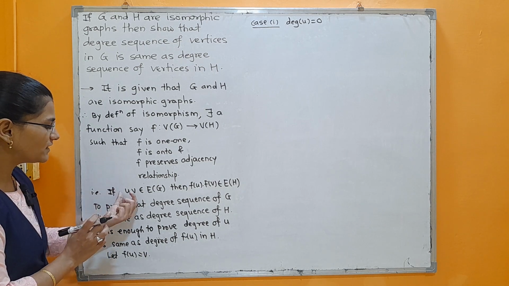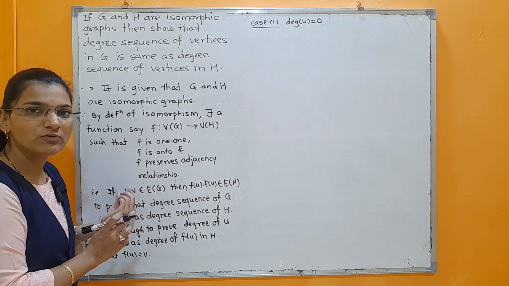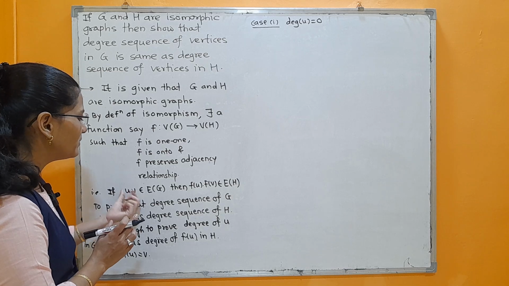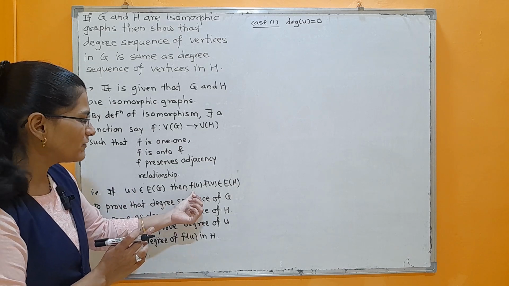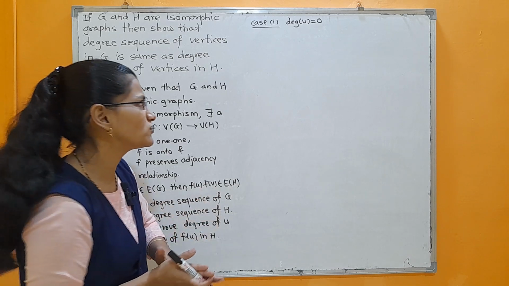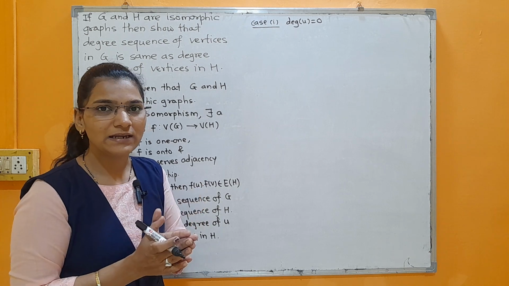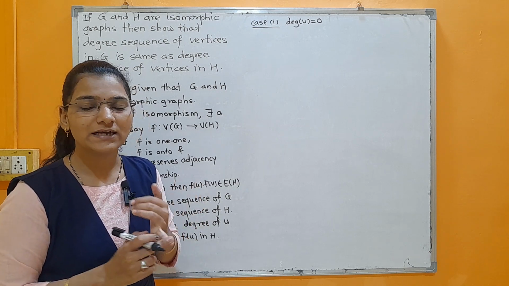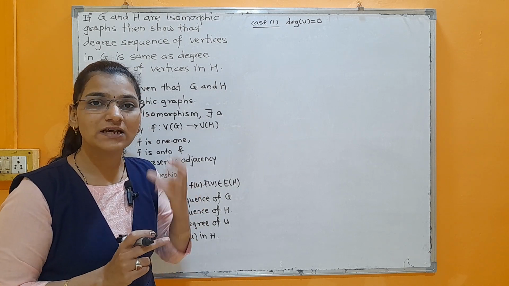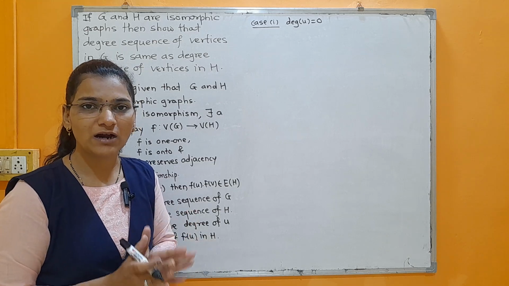You can change the letters of these vertices and edges, you can replace this uv by xy and this as f of x, f of y if you are getting confused. So again, I have considered u as a vertex of graph G and f of u equal to v as a vertex of graph H.